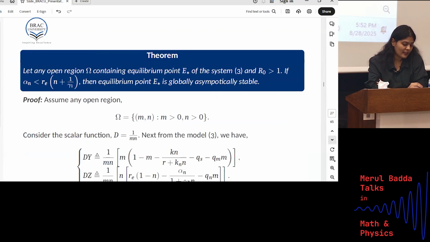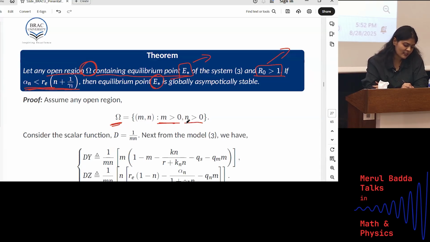So we consider a region which is this, and in this region there is an endemic equilibrium point. We consider that E naught is stable, obviously, when R naught is greater than 1. So if we apply this condition, we can say that E naught is globally asymptotically stable. We consider the region where m is greater than 0 and n is greater than 0.